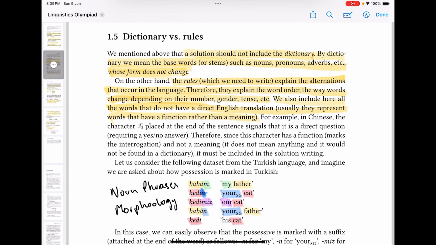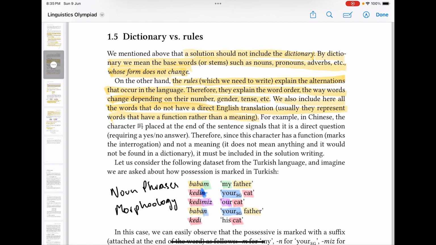The dictionary and the solution are very different: the solution is the rules of the language, while the dictionary is just the vocabulary. So you're not actually doing linguistics, you're just matching. So you should not write the dictionary. You should have a dictionary to use while solving, but don't write it as the solution.